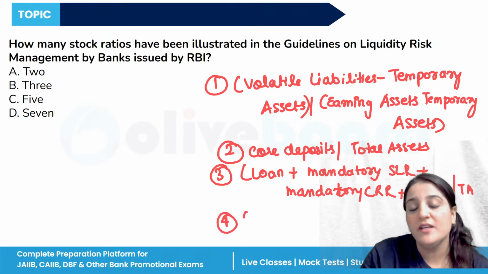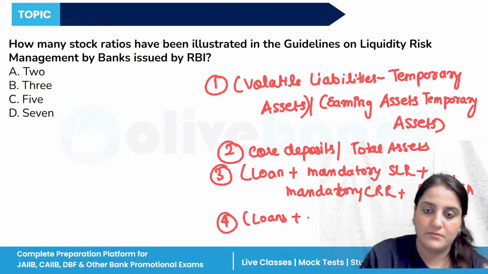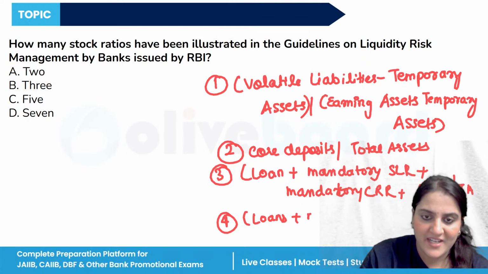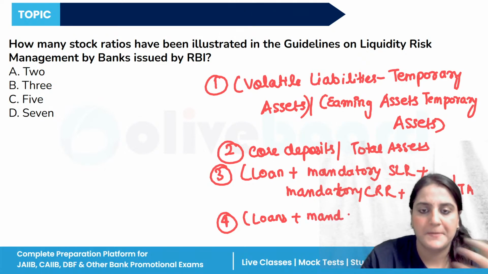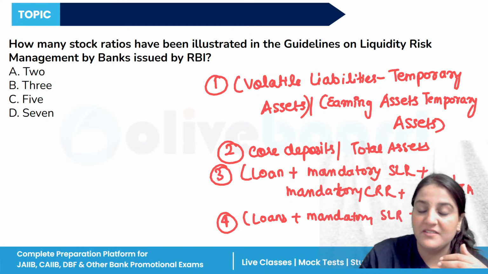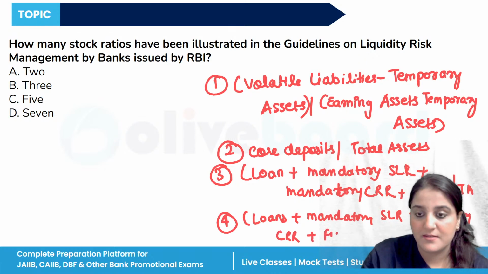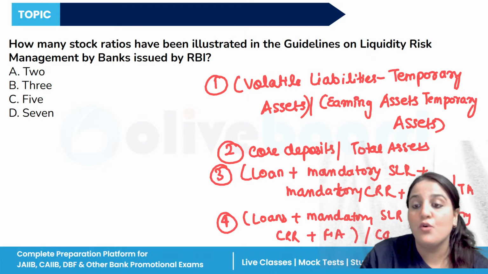Then fourth one is loans plus mandatory SLR plus mandatory CRR plus fixed assets divided by core deposits.